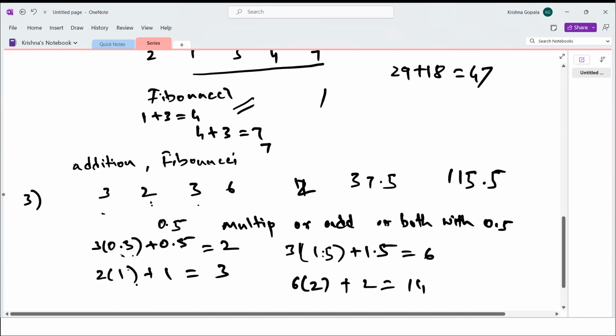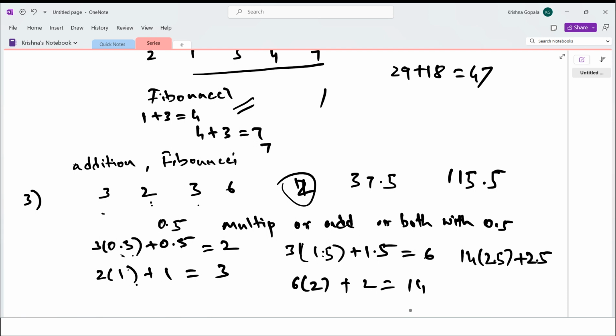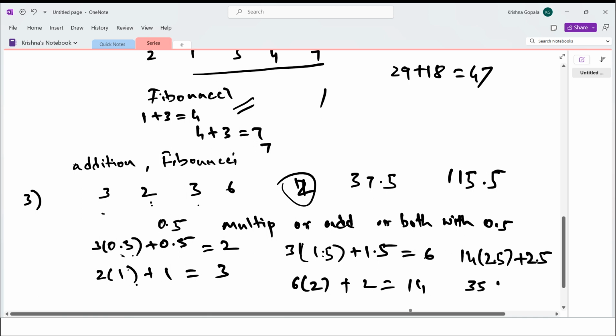Okay. Similarly, 14 into 2.5 plus 2.5. How much is this? 14 into 2.5. How will you do this? It is 35. 35 plus 2.5 is 37.5. I'll give a small trick. 14 into 2.5 is equal to 14 into 5 by 2.